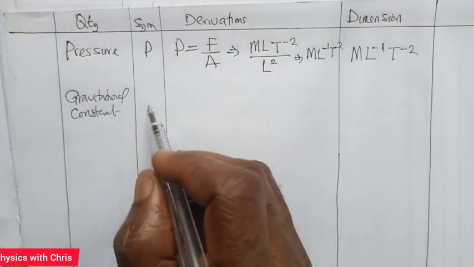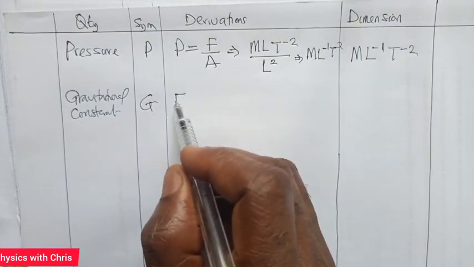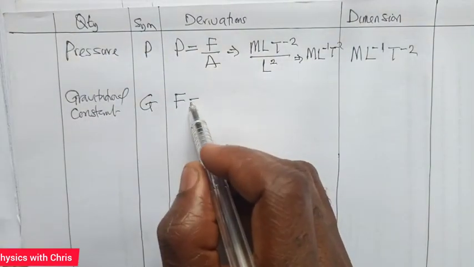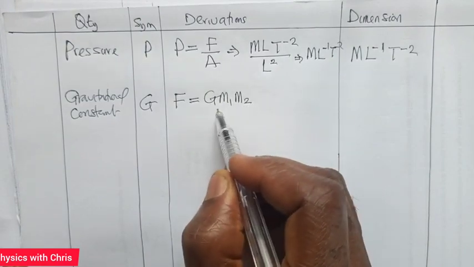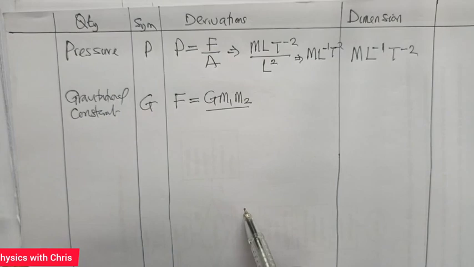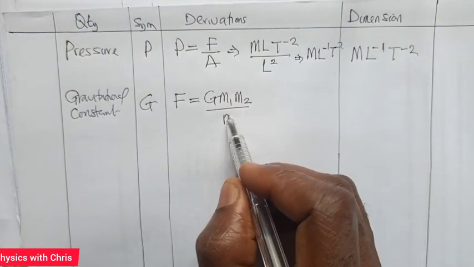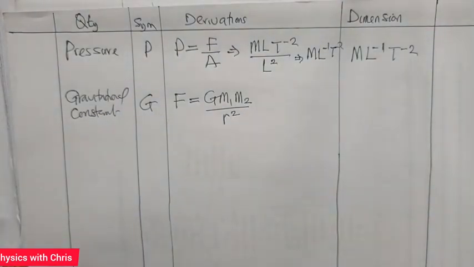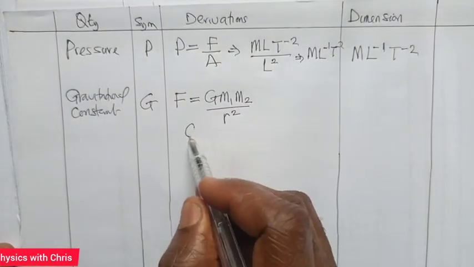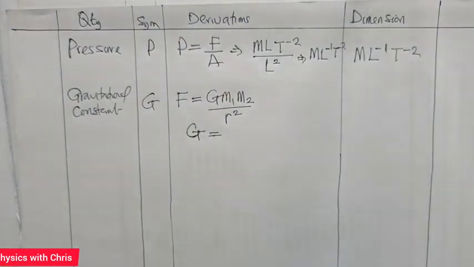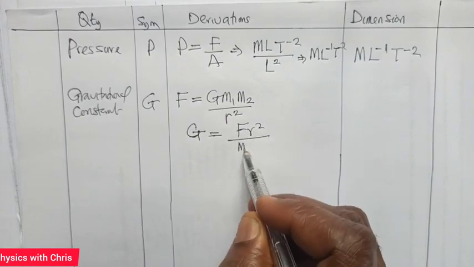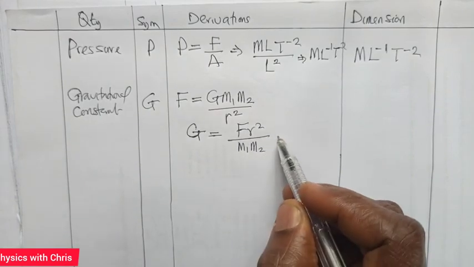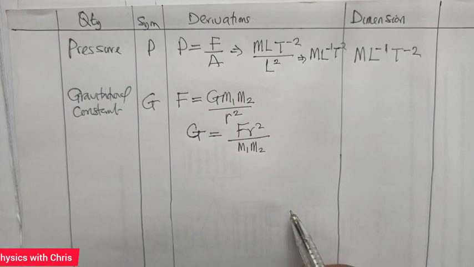From the definition, the gravitational force of attraction between two masses is given by the gravitational constant multiplied by the product of the two masses, divided by the square of their distance. Making G the subject of the equation, we have G equals Fr squared divided by the product of the masses M1 and M2.